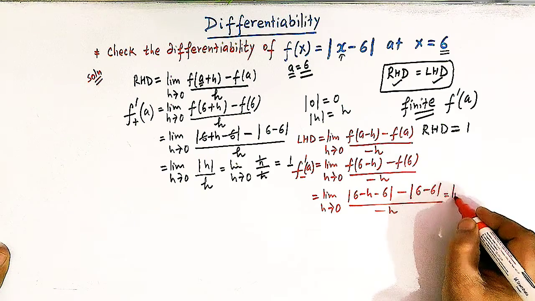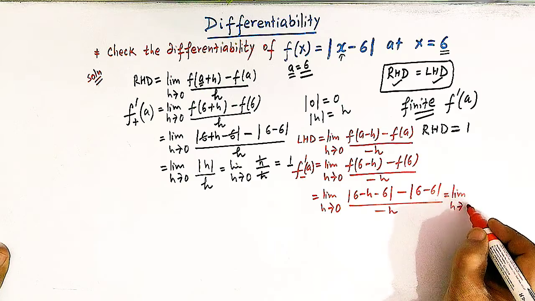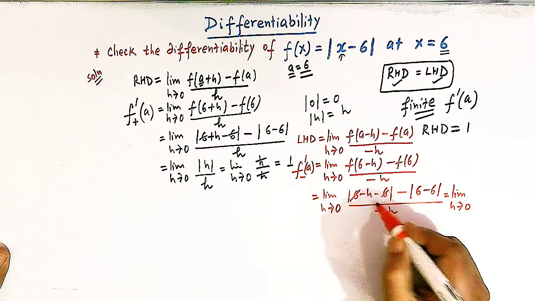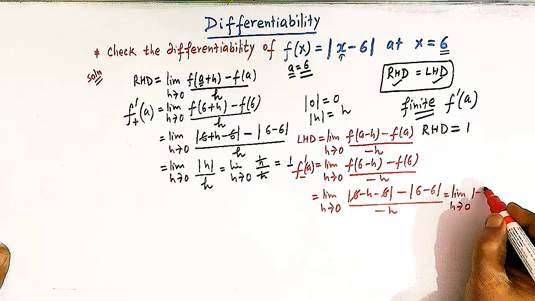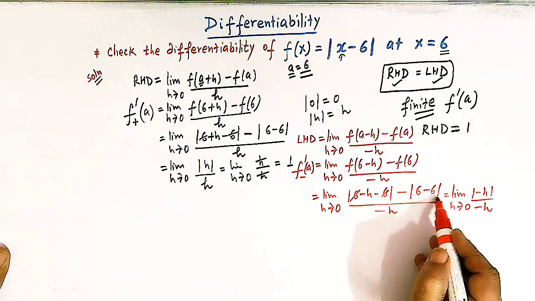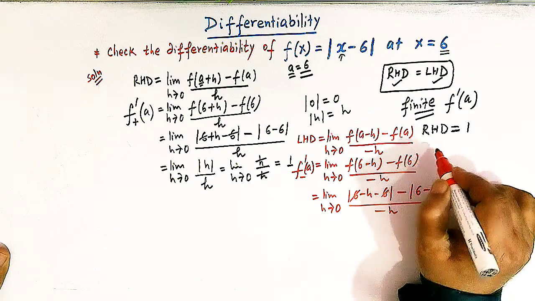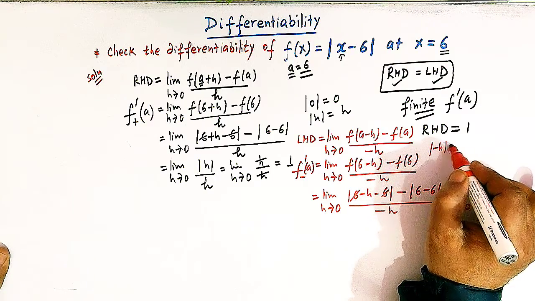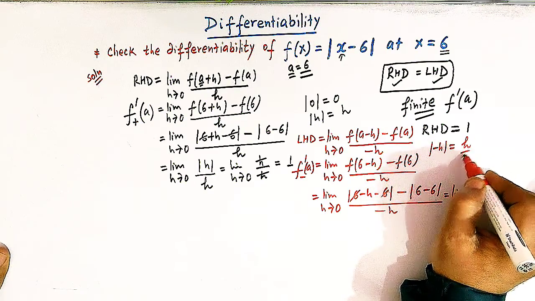Now we can simplify this expression. Here 6 and 6 get cancelled. We have simply mod of minus h over minus h. Since h is a positive quantity, mod of minus h is simply h.